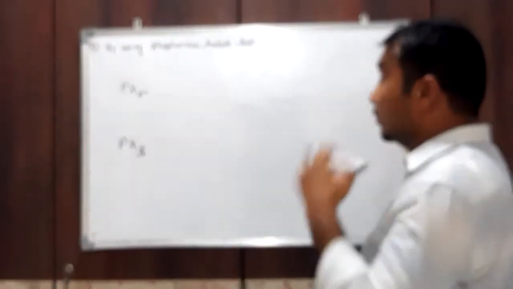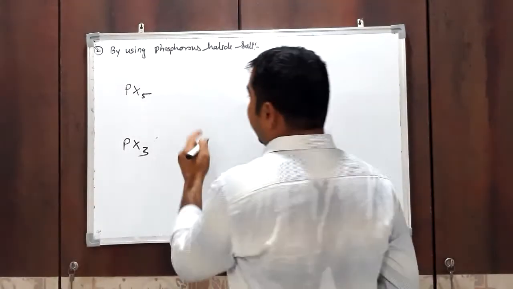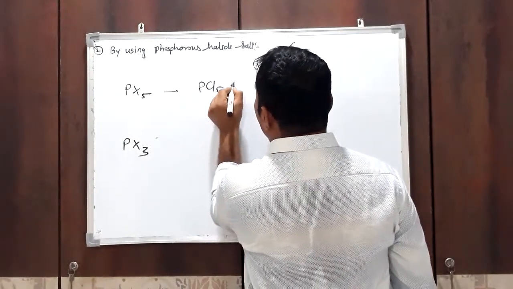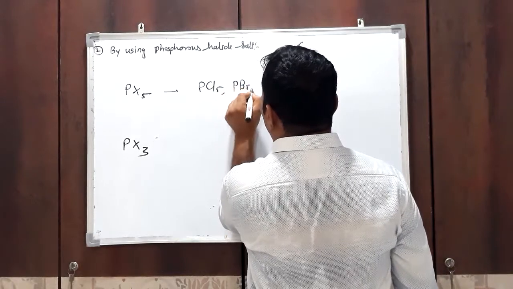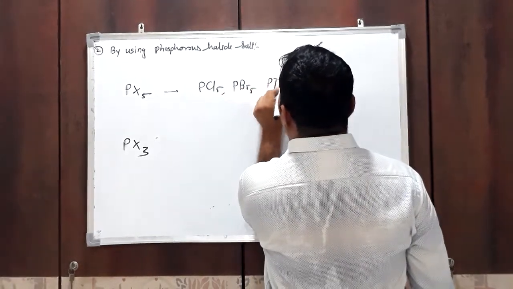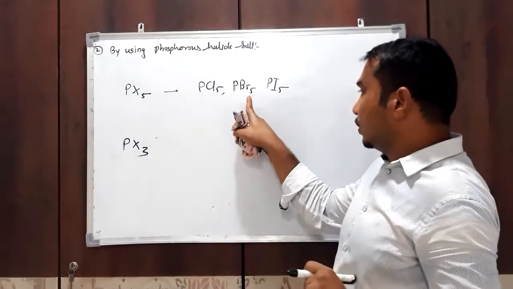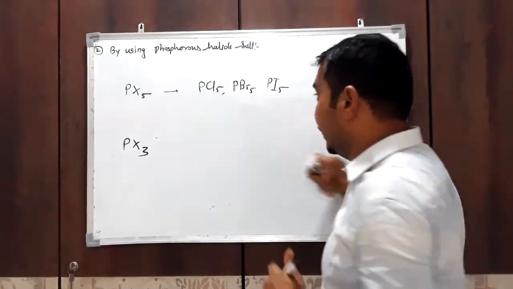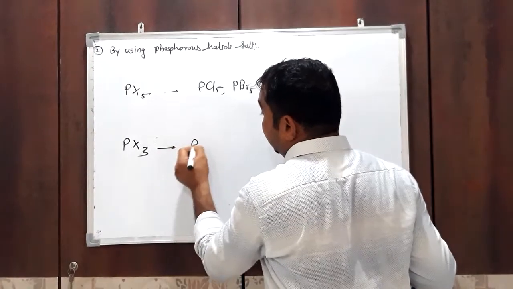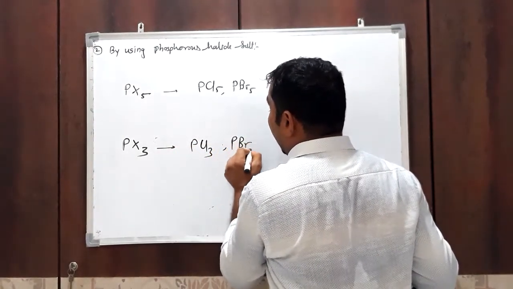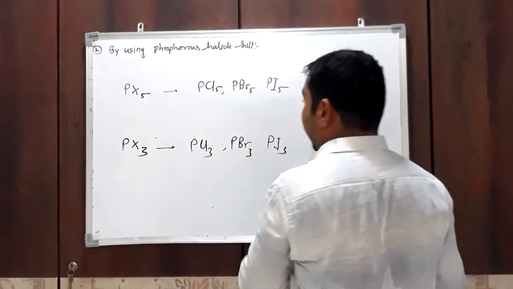Okay, so phosphorus pentahalide means for example PCl5, PBr5, PI5, like this: phosphorus pentachloride, phosphorus pentabromide, pentaiodide. And here PCl3, PBr3, PI3, like this.